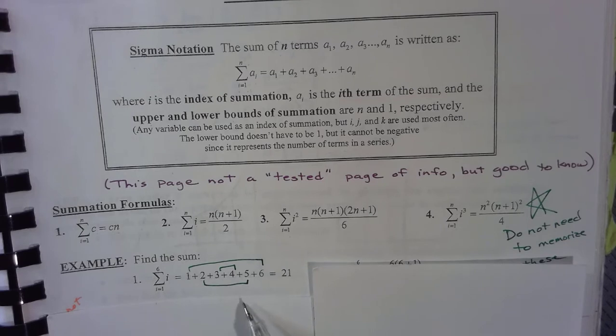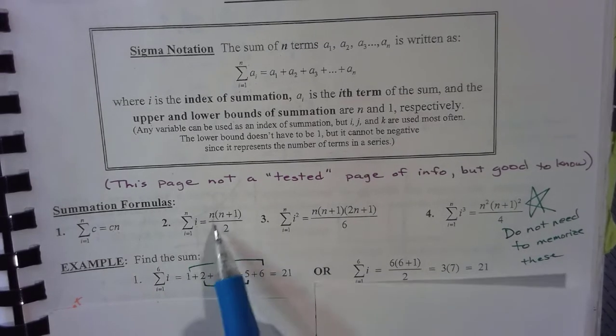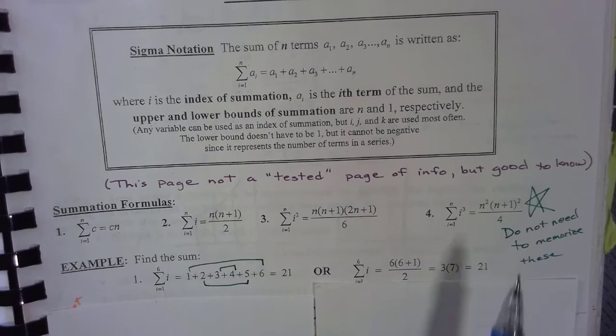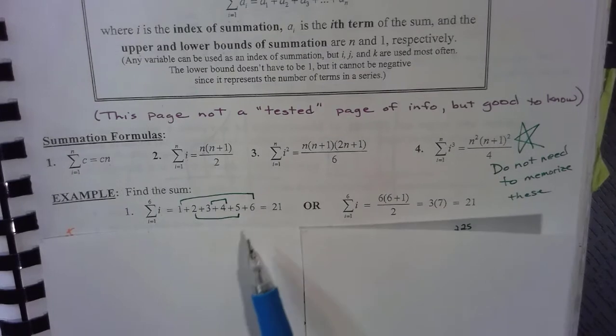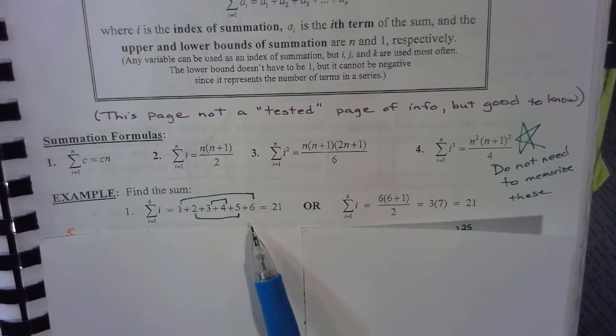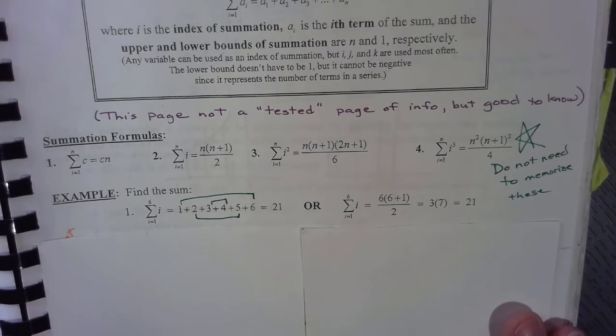Notice that n was 6, so n times n plus 1 over 2 would be 6 times 7 over 2, which is 3 times 7, 21. Just kind of a neat little thing. I have a story involving Gauss on this, so remind me in class to tell you about it.